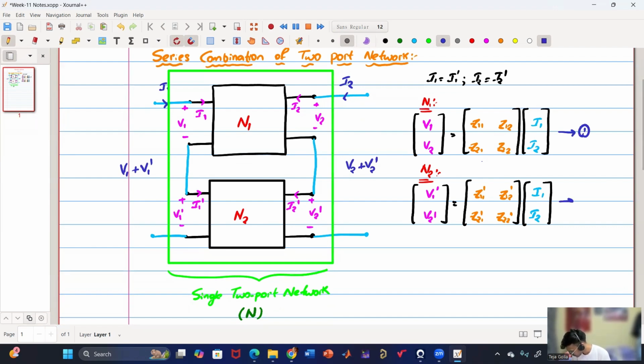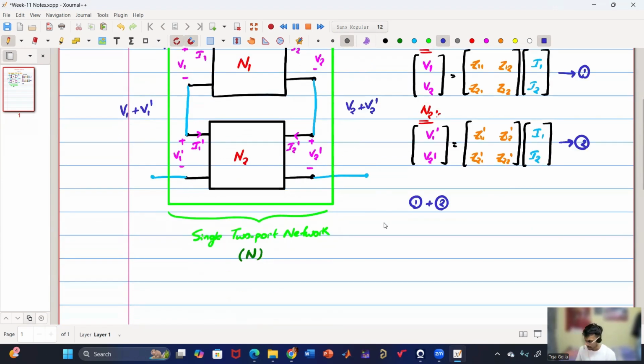So equation 1 and equation 2. Now what we'll do is equation 1 plus equation 2. So on the LHS, what will we be getting? Anyone? What will be the expression on the LHS if I add these two?